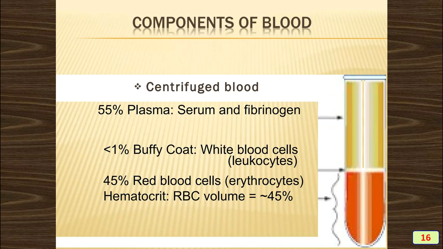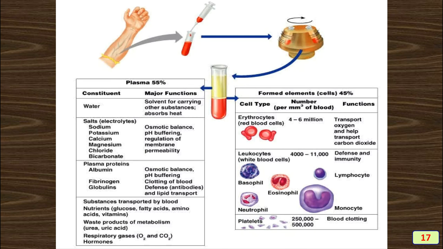Erythro means red, and hematocrit is equal to the RBC volume. It is almost 45%. Hence, the composition is like this: the plasma is 55%, and the other blood cells are 45%.